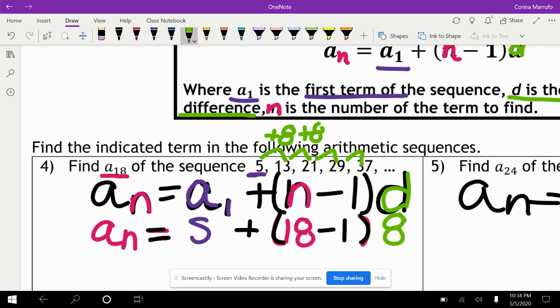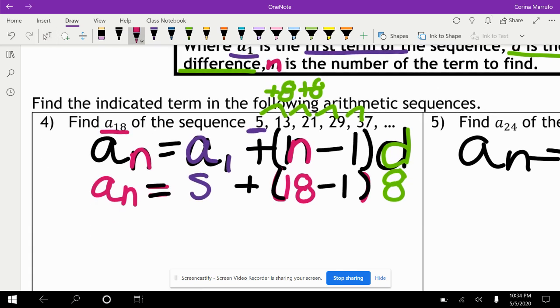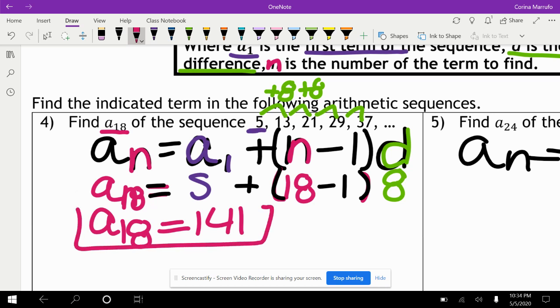And that gives us 141. So for our 18th term in the sequence, it should be 141. So I actually should have put an 18 here. All right. Let's go ahead and try it on the next problem.